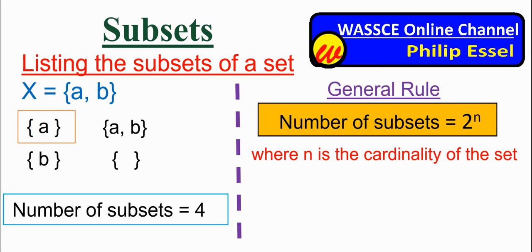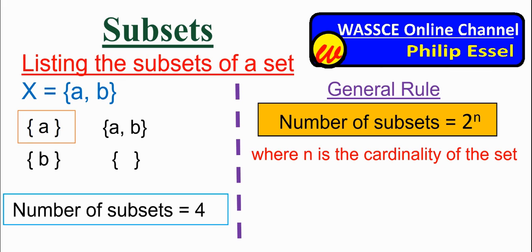I believe you've not forgotten the term cardinality of sets. It appeared in our first video on sets and set operations. For those who have forgotten, the cardinality of a set is the number of members of that set, or the number of elements in that set.